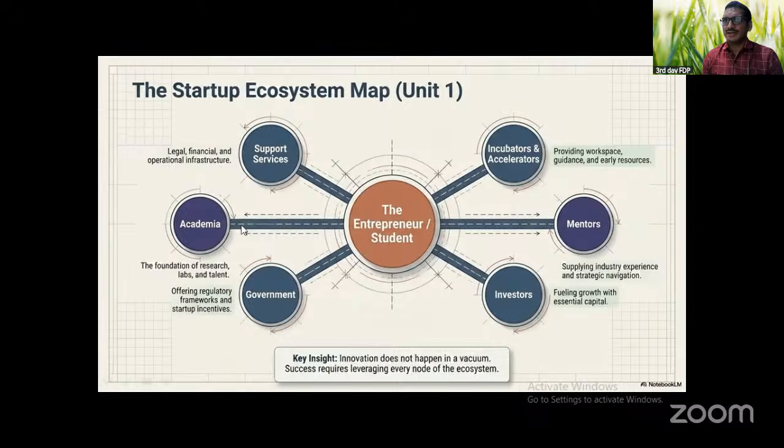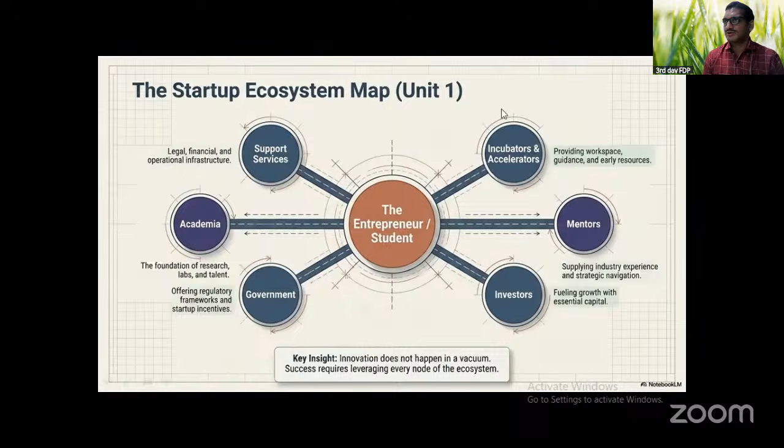Next, academia, the foundation of research talent, and he should focus on these things. Next, government support. He should know what are the regulatory frameworks and what are the incentives he can get from the government. Next is incubators. Incubators means nowadays you can see places where the entrepreneur can go and plug in and work, and he can have early access to early resources.